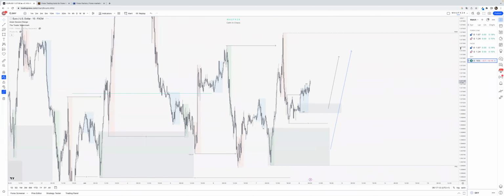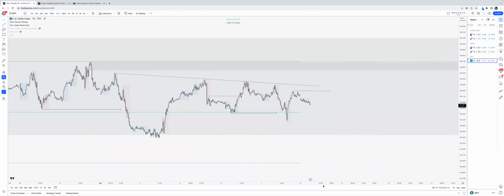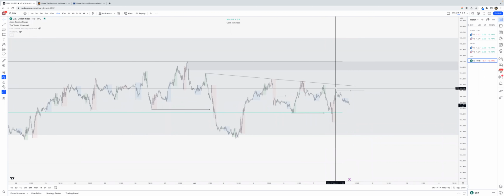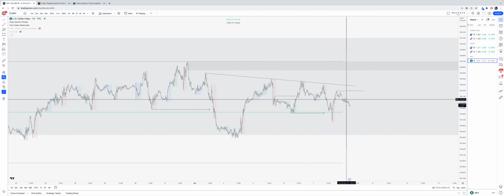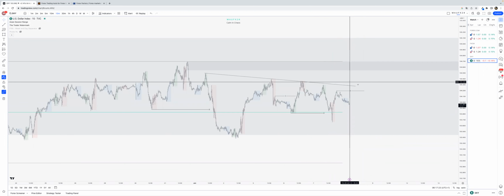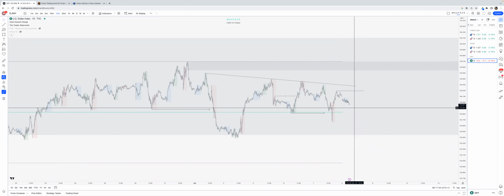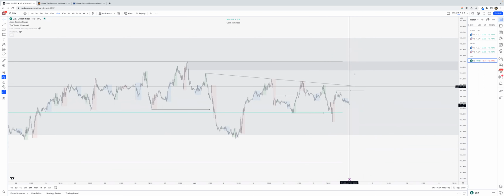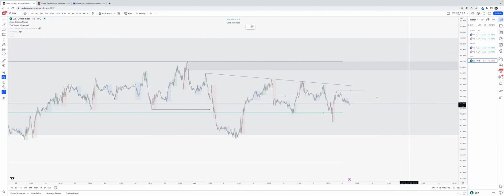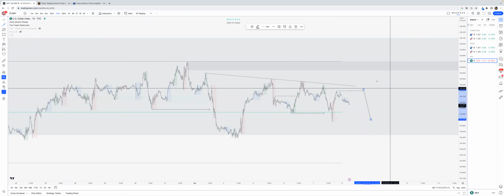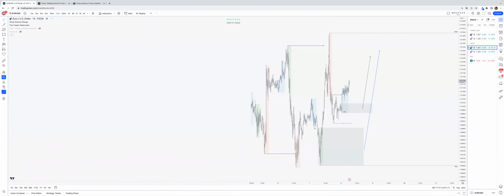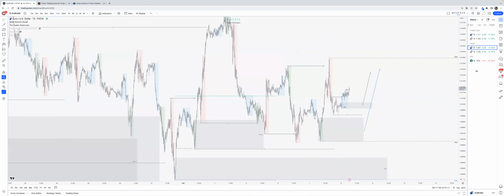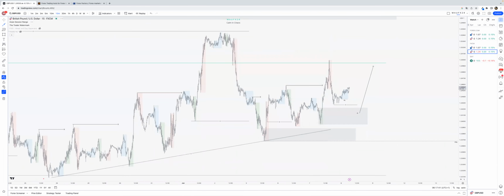DXY is looking a little bit more tricky, maybe from above this level, and otherwise we take out that liquidity if we don't get a continuation now. So we might not even get above here, meaning that we don't get a buy on EU and GU if we continue down. Otherwise, ideally get above here, then get that, and otherwise from here, and that will line up with EU buys from here and GU buys from there.